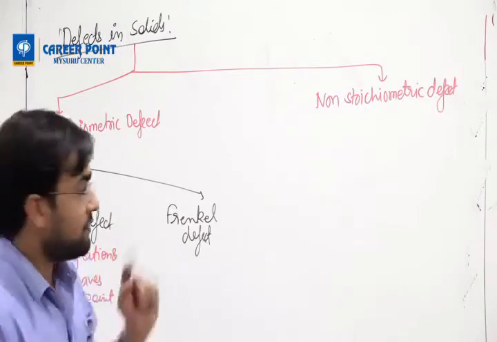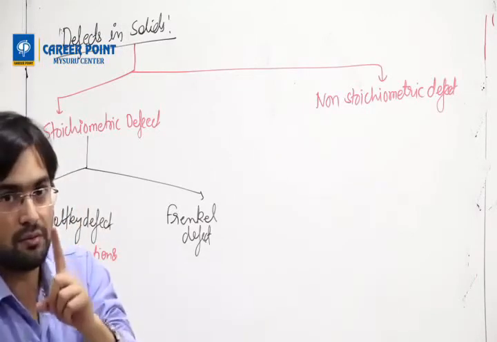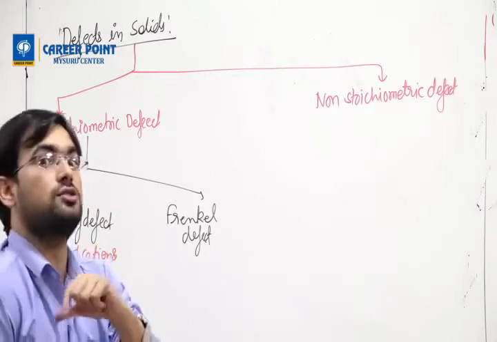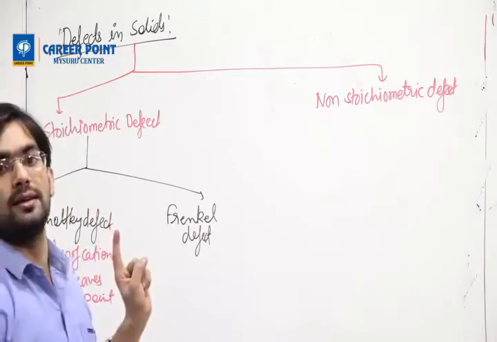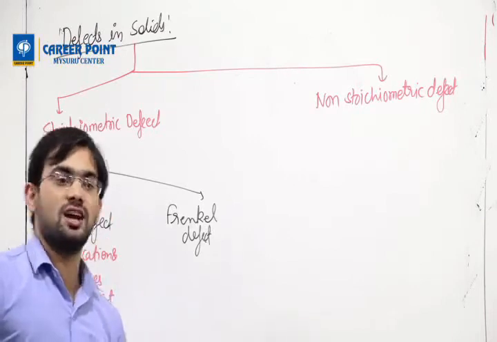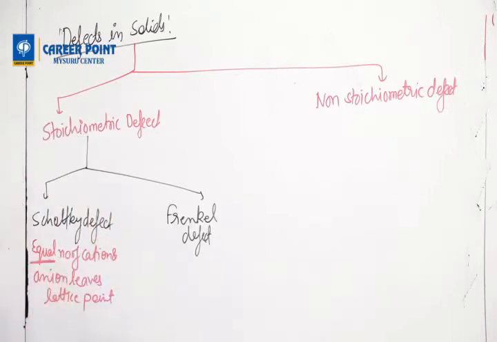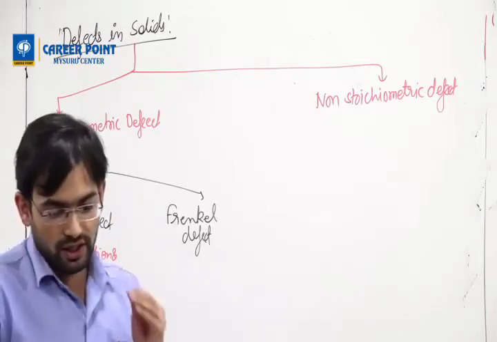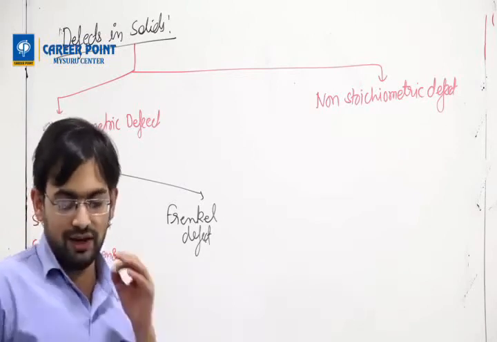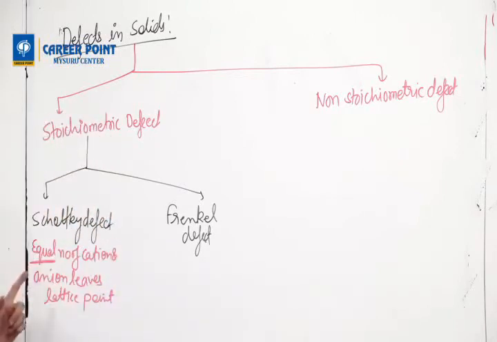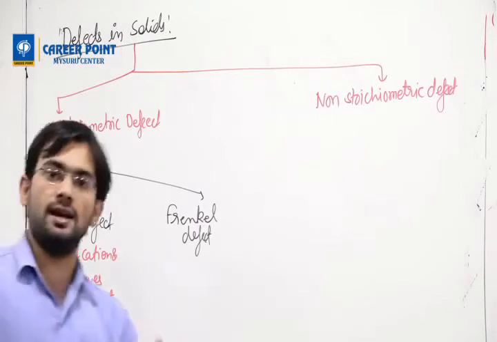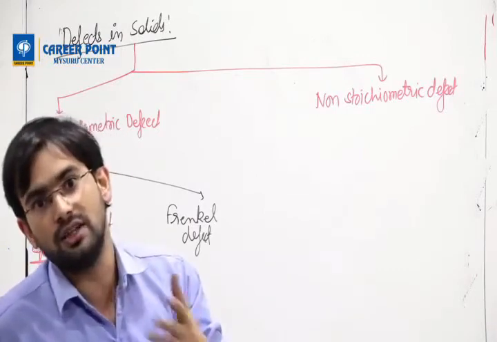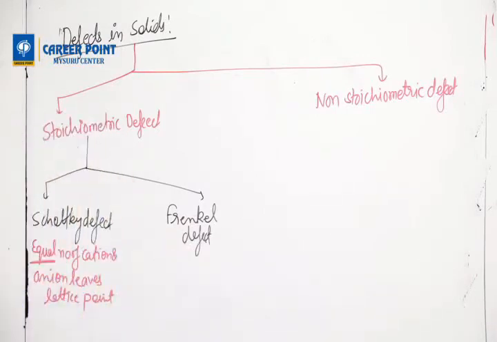But if you want to have Schottky defect, the moment you remove one Na+, you should also remove one Cl-, or 2 Na+ and 2 Cl-, because the point here is equal. You should remove in equal number. Equal number means 1 cation to 1 anion, 3 cation then 3 anion. Always equal number of cation and anion leaves the lattice point.